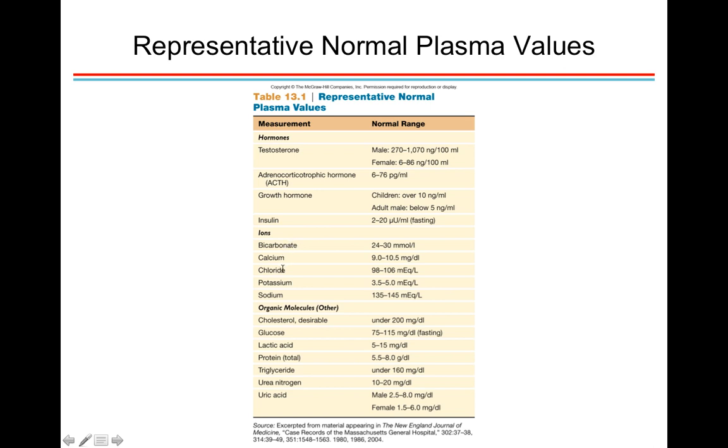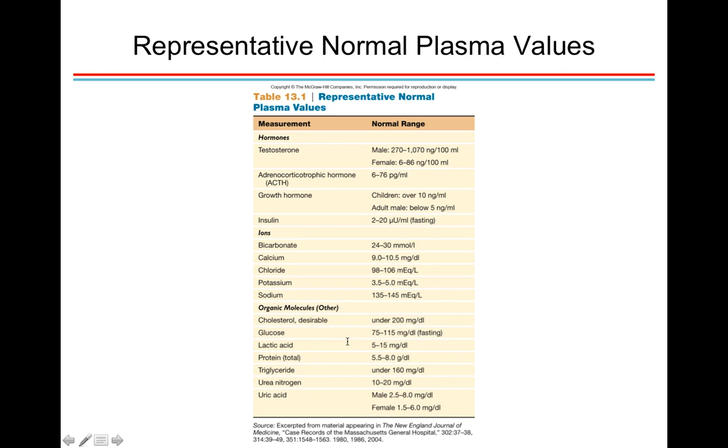I just want to show you that there's a very discrete, normal range of these molecules found in blood. And for hormones, for example, males have way more than females. Females have very little testosterone compared to males. And cholesterol should be under 200 mg.